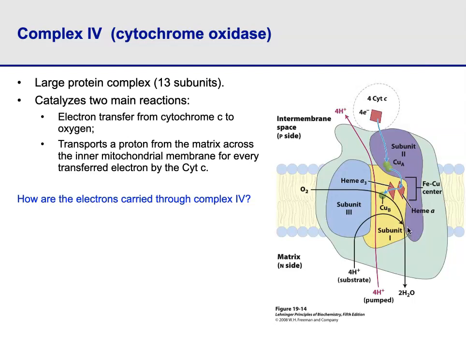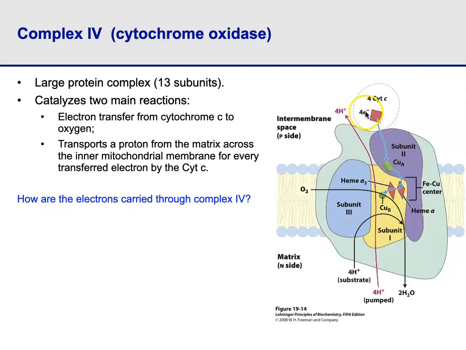Now, I want to focus your attention a little bit on this representation. It shows here that 4 protons are being transported. And if you're not careful, you would get the idea that complex 4 transports 4 protons per electron pair. But that is not the case. Notice how many electrons are being represented here. 4 electrons, that's 2 electron pairs.